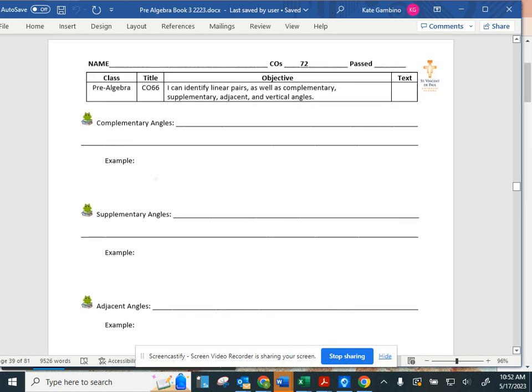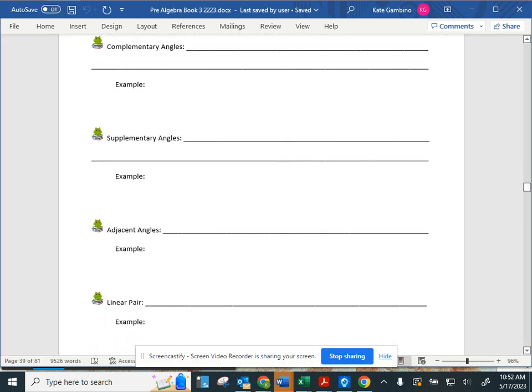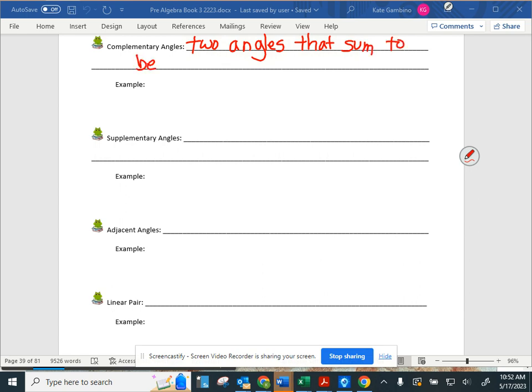First one is our complementary angles. Complementary angles are two angles that sum, so that means we're adding, that sum to be, anybody know? 90 degrees.